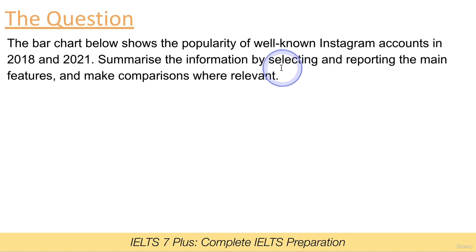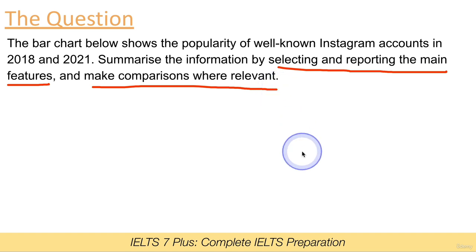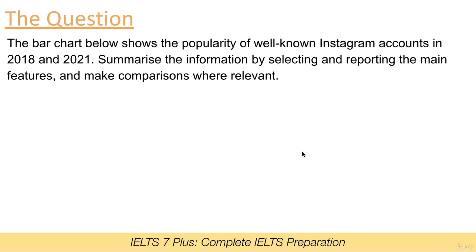So we're going to select and report the main features and also make comparisons where relevant. So again, we're not going to compare and contrast everything, but we are just going to pick the most important things and then go from there. So same approach. Hopefully you can see that once we break it down, we're just doing the same thing. We're approaching each question the same way.